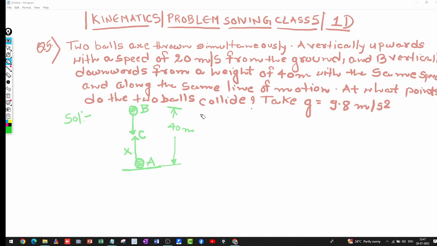And the speed is given as 20 meter per second when it's thrown vertically downward along the same line of motion, and for the one thrown upward this is also given as 20 meter per second. Understood?